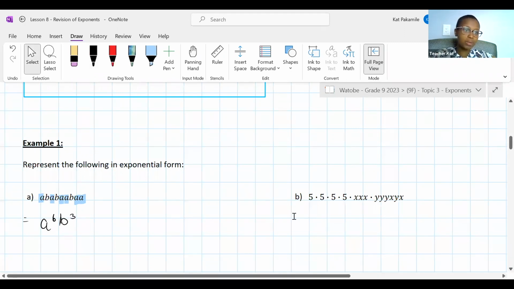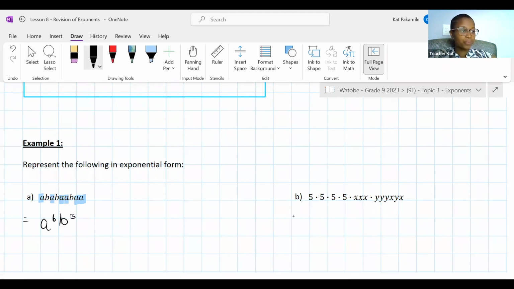You want to do number B with me? Sure, why not? Let's do it. Okay, it's here. 5 to the power of 4. And X to the power of 5 and Y to the power of 4.